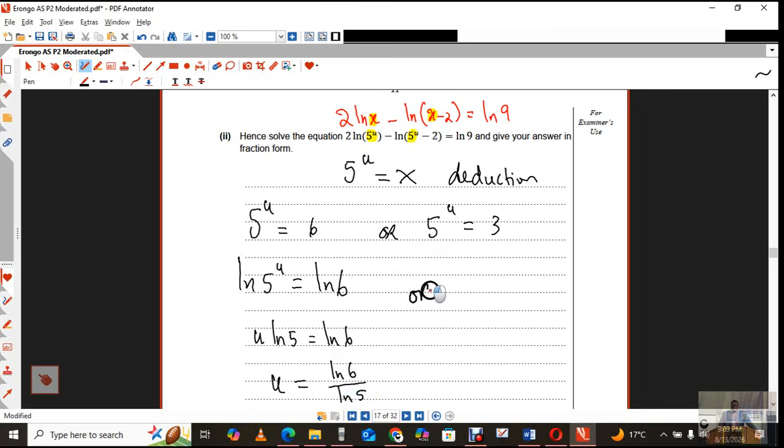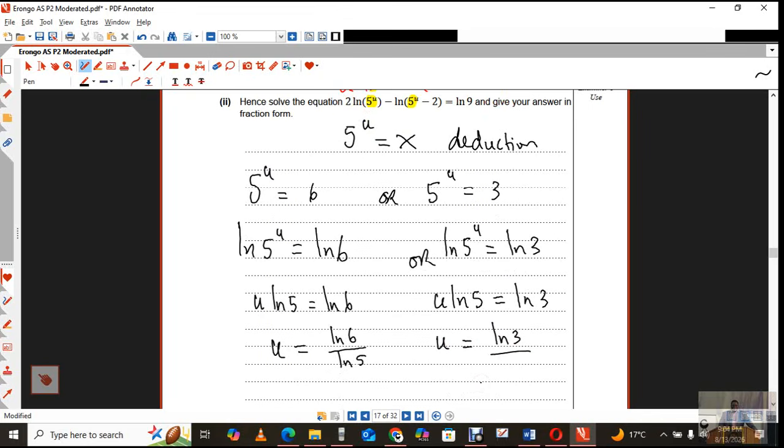And we're going to do the same on this side. We're going to say the natural log of 5 to the u is equal to the natural log of 3. In this particular question, we might just condone logs, so you give me your answer in log form. So natural log of 3 divided by the natural log of 5.